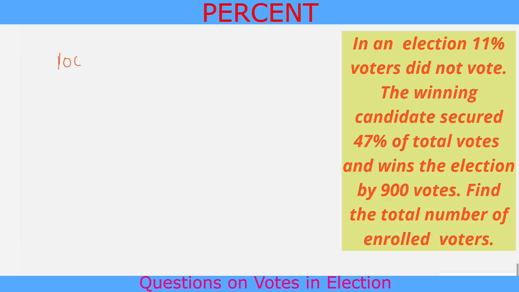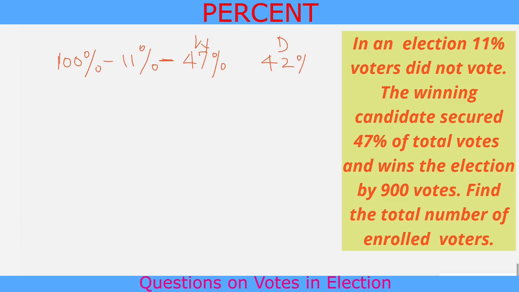100% is total vote, minus 11% did not vote, minus 47% the winner gets. And how much the candidate who is defeated gets? 100 minus 11 is 89, 89 minus 47 is 42.